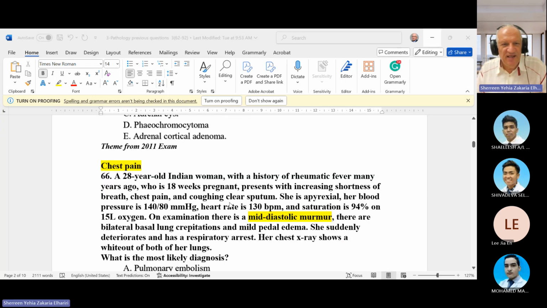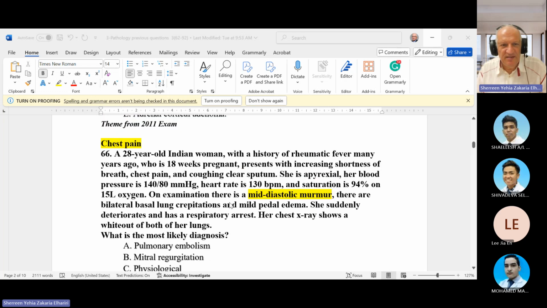After that, we have a lot of questions related to the murmur of the heart. It is somewhat related to physiology, repeated many times. I have in the answer sheet a list of the murmurs.